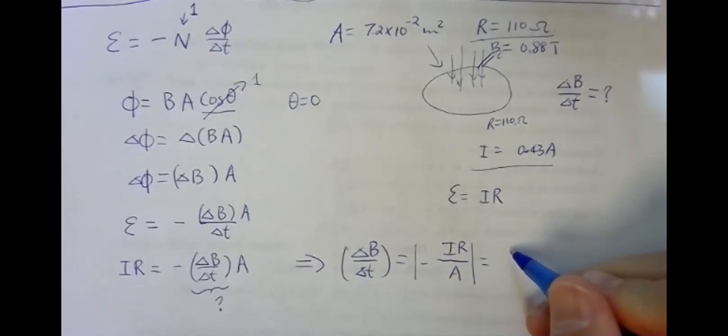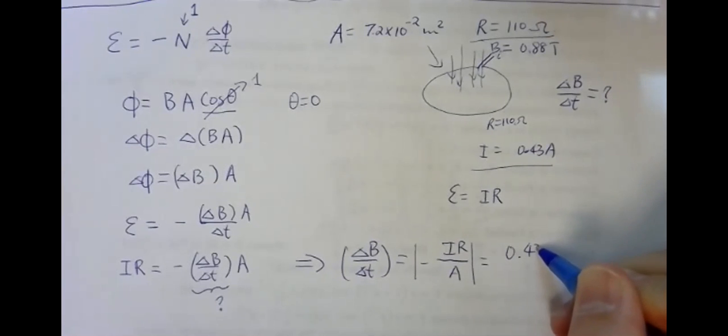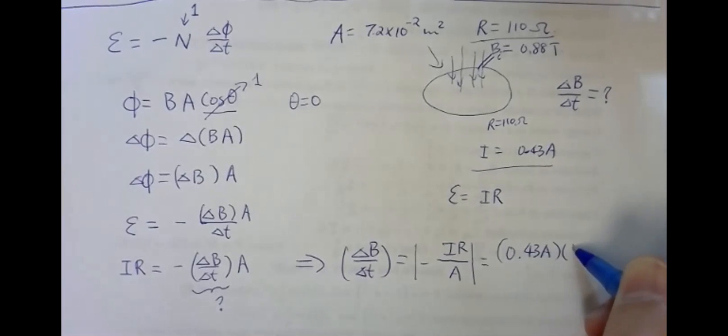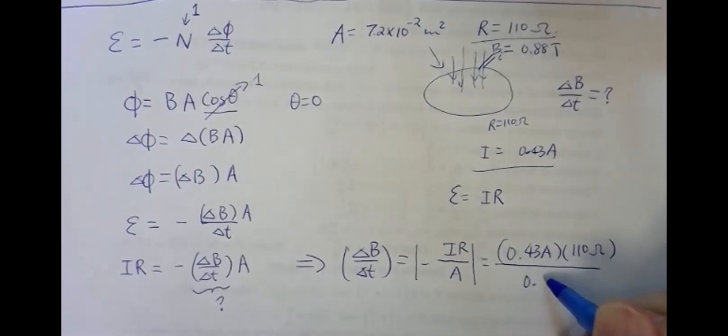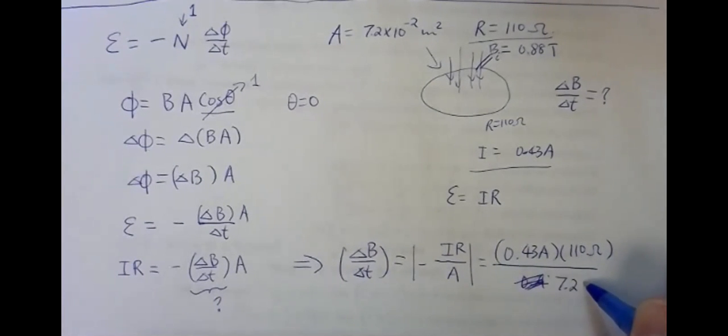So in this case, you can plug in your numbers. I is 0.43 amps. The R is 110 ohms, and divided by, no, 7.2, sorry, 7.2 times 10 to the minus 2 meters squared.